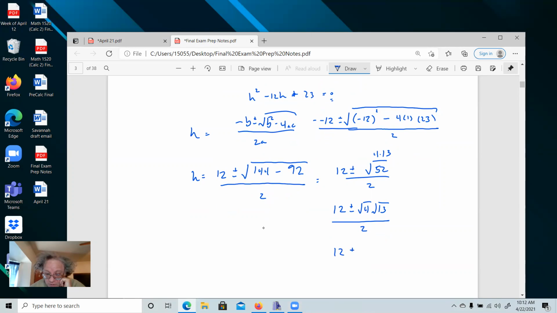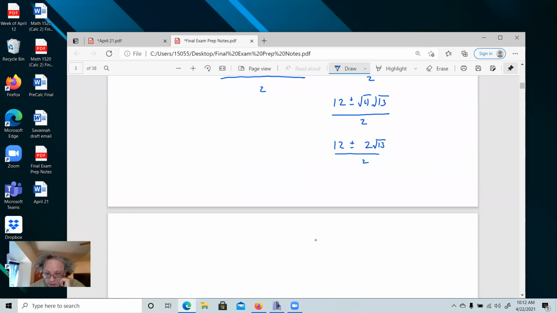So this is 12 plus or minus 2 root 13, all over 2. So we're going to say this is 2 times 6 plus or minus root 13, all over 2. Right, factor 2 out of both of those. That cancels, and our values are either 6 plus root 13 or 6 minus root 13.